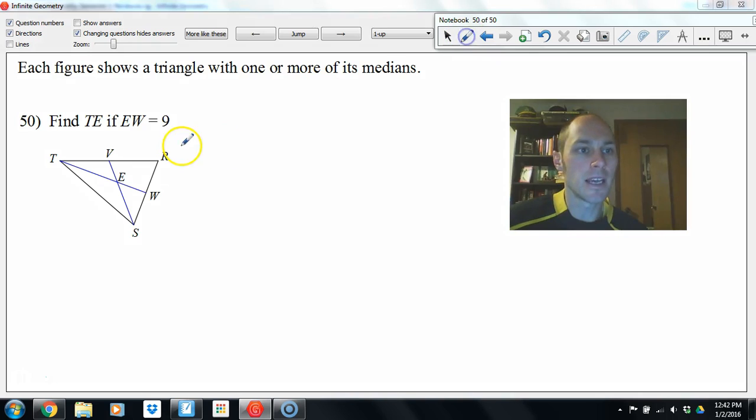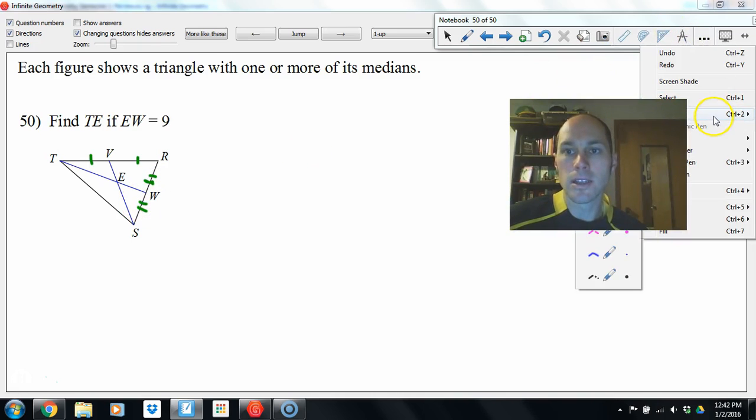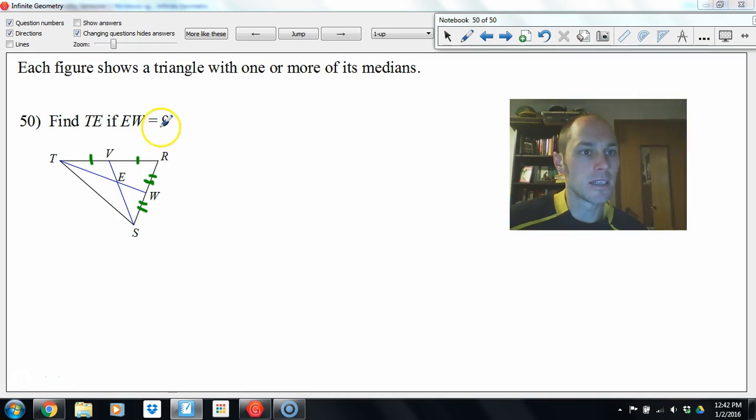Here we have the medians again. So TV would be congruent to RV. TW is the median, so RW would be congruent to WS. In this case, we see that EW is 9. We want to find TE.